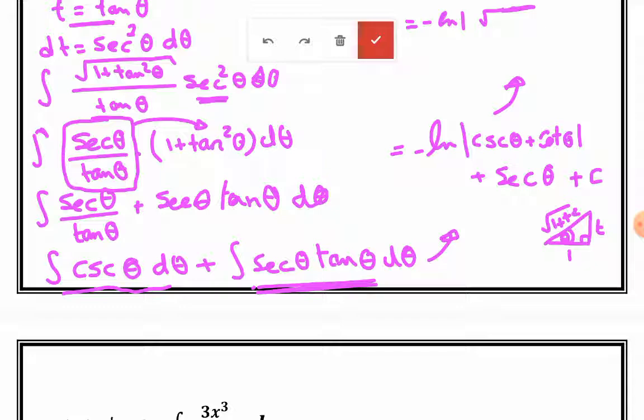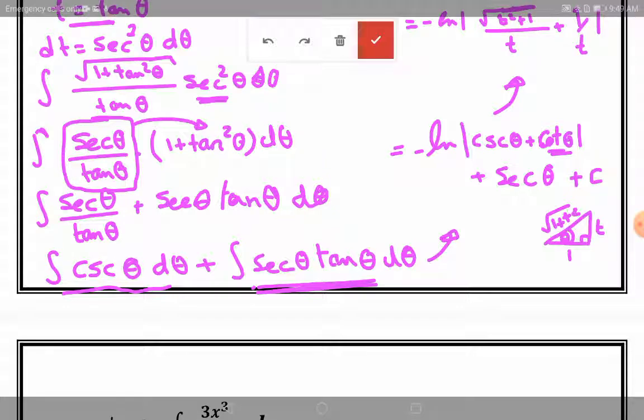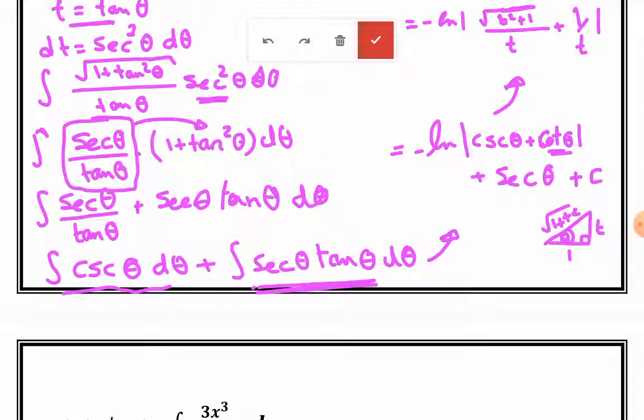Cosecant is 1 over sine, and sine is opposite over hypotenuse, so cosecant is hypotenuse over opposite, which is root t squared plus 1 over t, plus cotan. Cotan is 1 over tan, and tan is opposite over adjacent, which is t over 1, so cotan will be 1 over t, and this is all inside the absolute value.